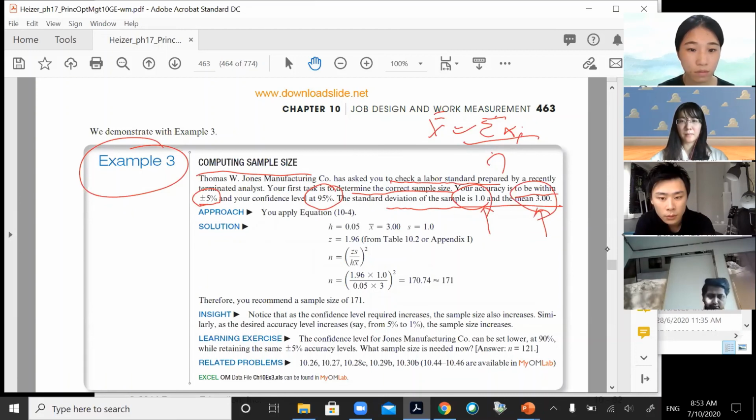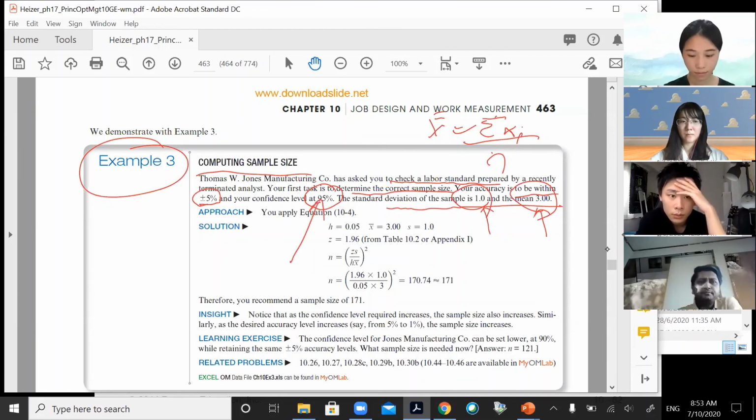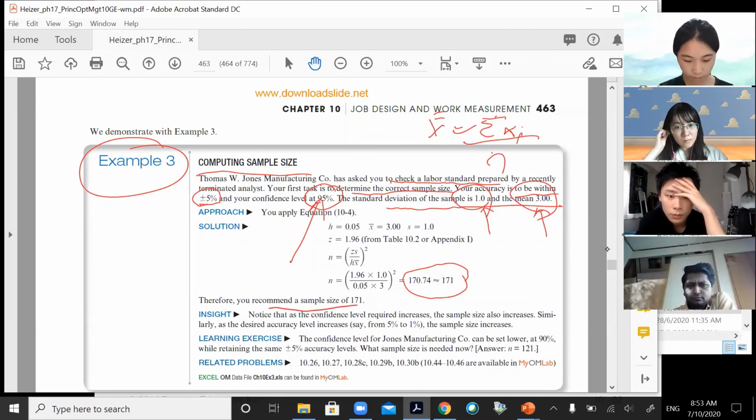If you plug into the formula, H equals 0.05, X bar is 3, S equals 1.0, and you can find Z from the previous table, 1.96, because of 95% confidence. Then N is 171 samples. So you recommend a sample size of 171 before you can conclude that the standard time is accurate.